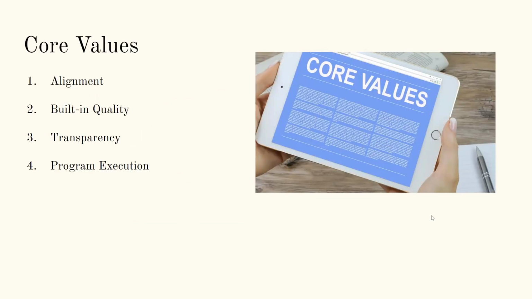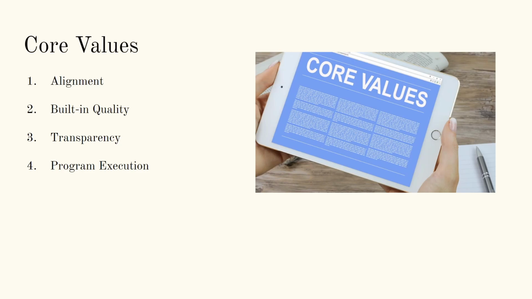So, what are the core values of lean agile leadership? Those core values are alignment, built-in quality, transparency, and program execution. Alignment is needed to keep pace with fast changes or disruptive competitive forces within your teams and organization.